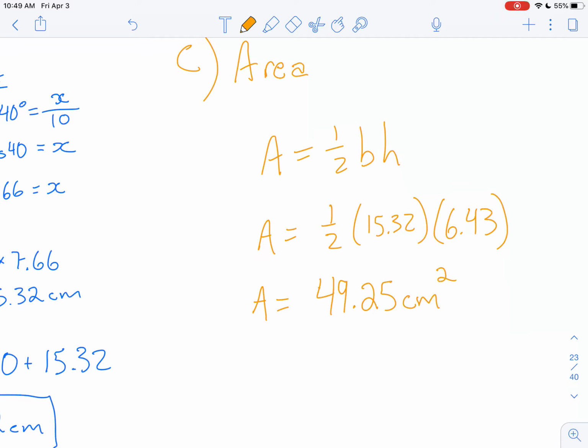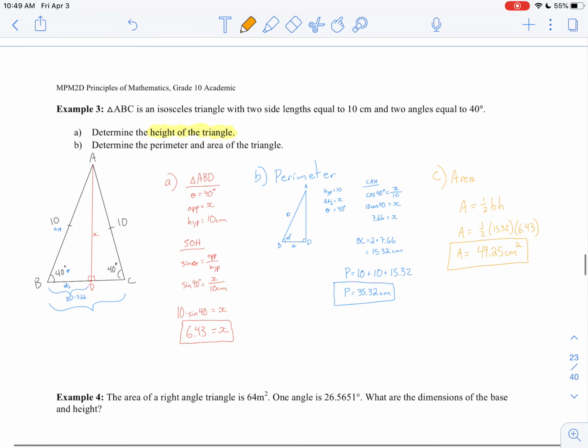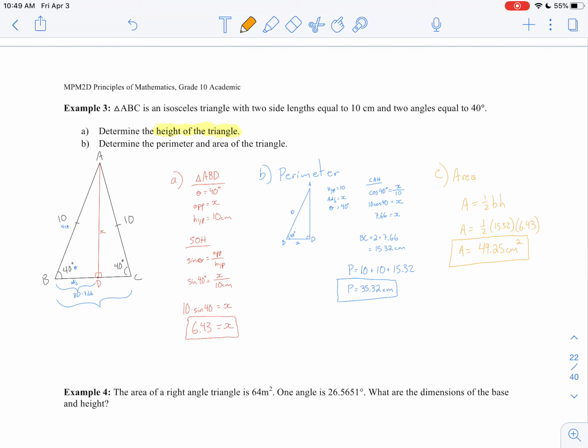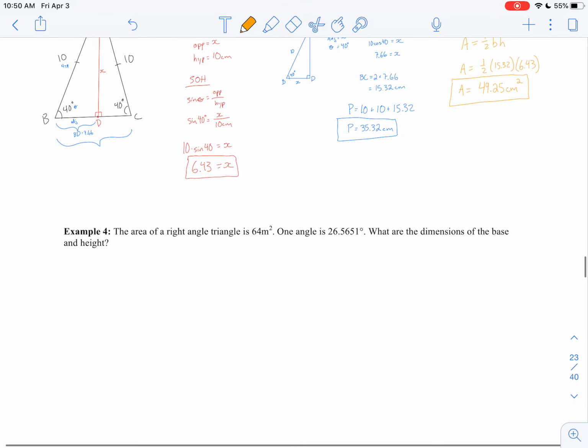In this case, area is measured in centimeters squared. So just under 50 centimeters squared would be the area of that triangle. Part C. Questions on that? Feel free to ask away.